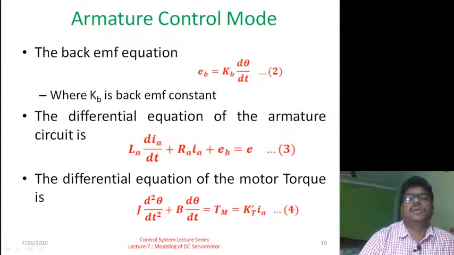So in the armature circuit, you can see that we have an inductance, we have a resistance Ra, and then there is a back EMF.